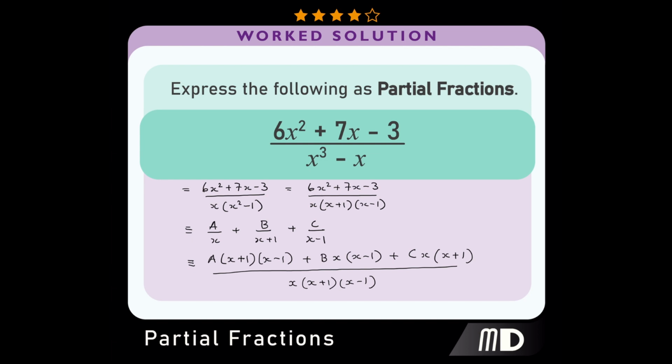So now we've got a much longer expression on the top of our fraction, but the denominator is identical to the one that we had after we completed our factorization. Now the next step is to equate both of those expressions, simplify, and go on to the next step.